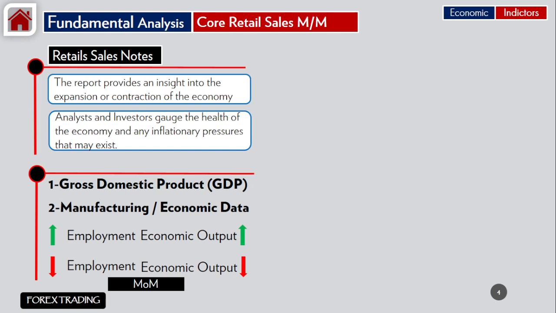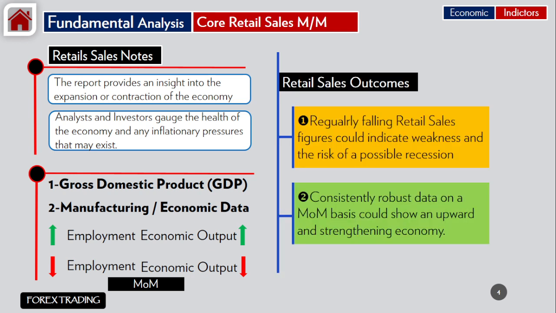If the economic output or outlook is good or positive, then you will see positive employment. On the other hand, if the economic output is low or negative, then you will see downward employment, you will see more unemployment. And this data is calculated on a monthly basis.